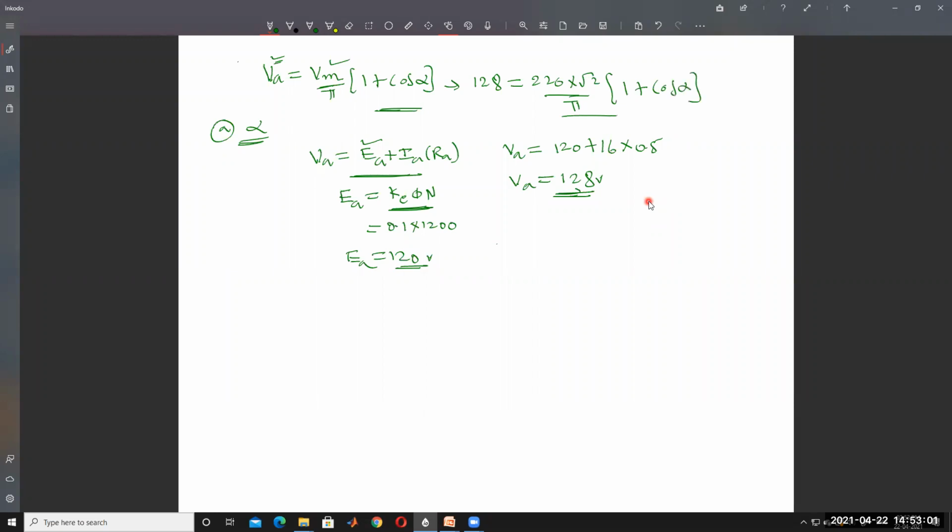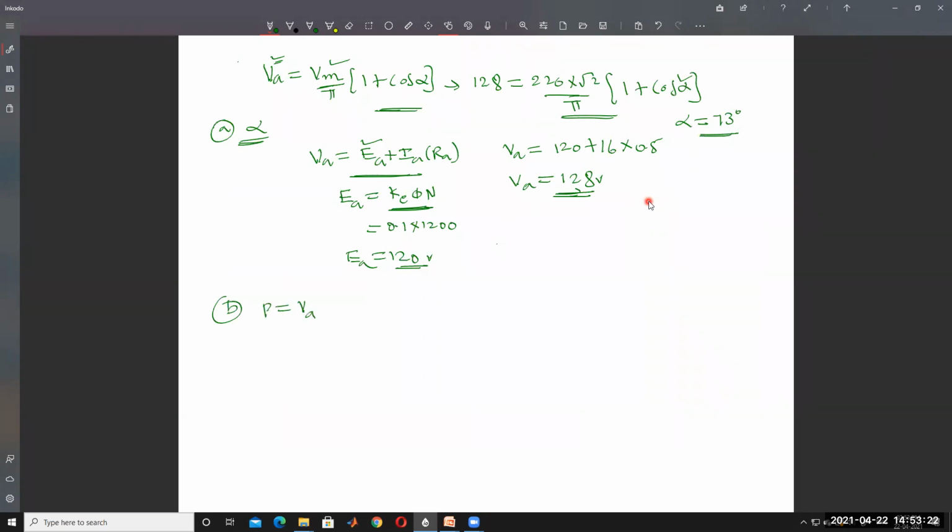Here only one factor is unknown, that is alpha. So find alpha by using this expression. We will get approximately 73 degrees. Okay, this is the first problem.